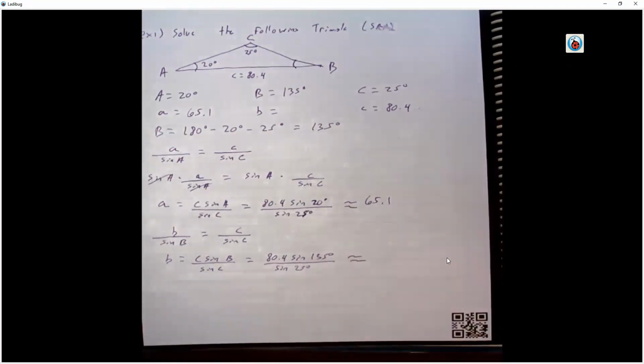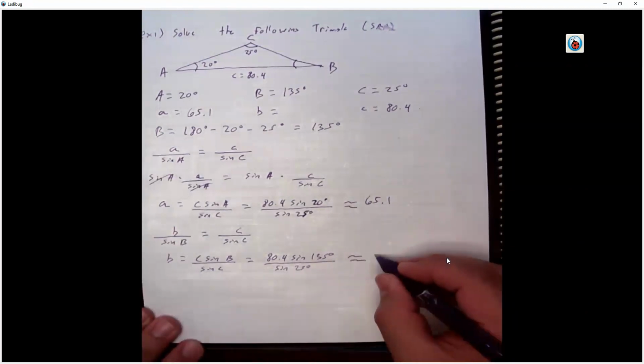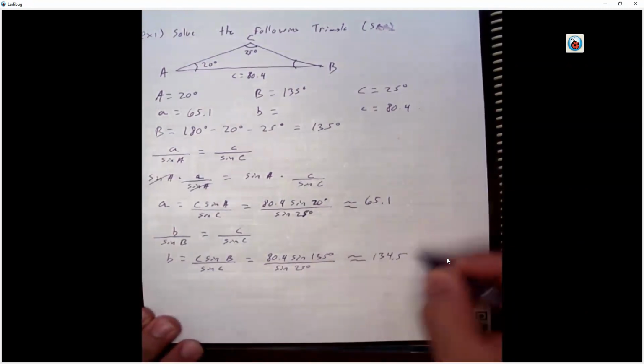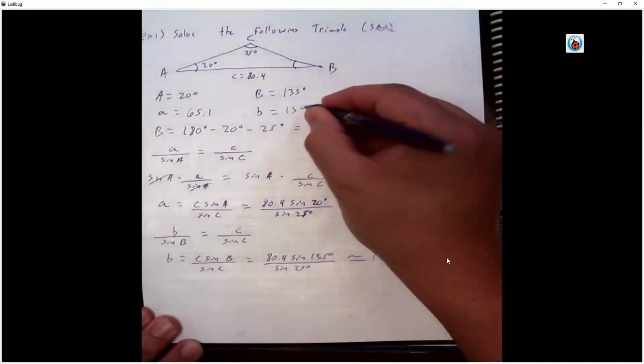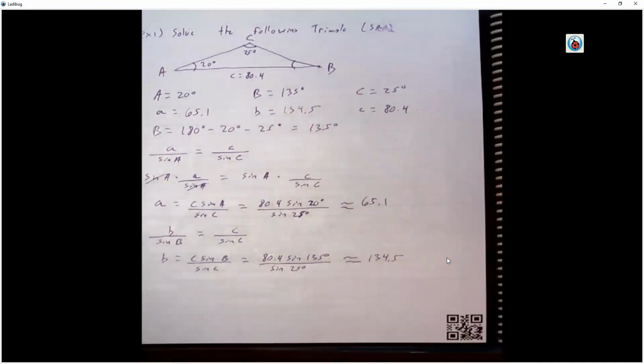So what is that? 134.5. 134? Yeah, 0.5. Yeah, that's right. And that's all the sides and all the angles, and that's it.